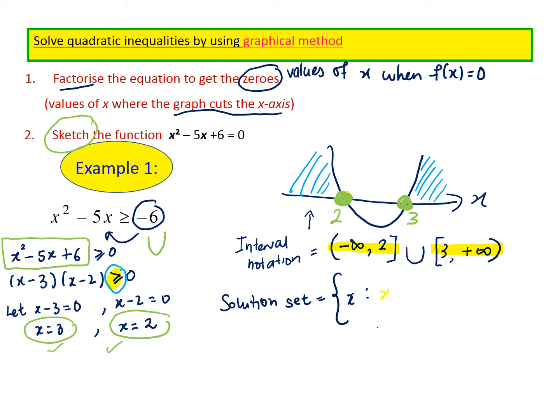So this will give me x smaller or equals to 2. Union means or, and another one, square bracket 3 all the way to positive infinity means x greater or equals to 3. So these are my two answers in the form of interval notation and solution set.